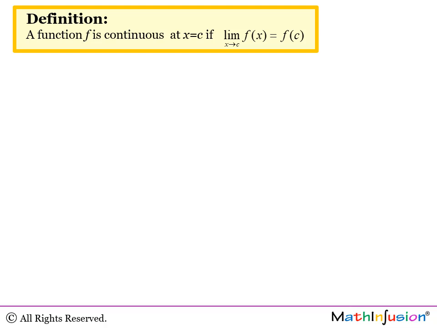So there is really a very strong connection between having a limit and being continuous, because part of being continuous is having a limit. The limit of the function as x approaches c has to exist, but even more, it has to be equal to the value of the function at that point.